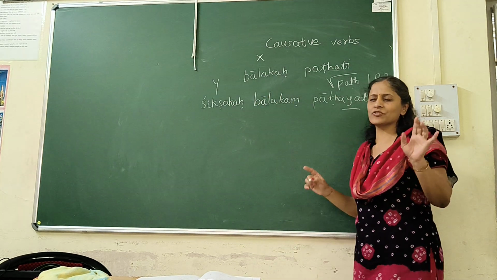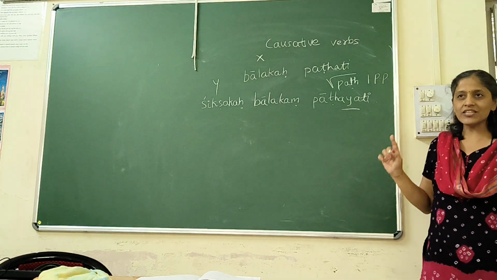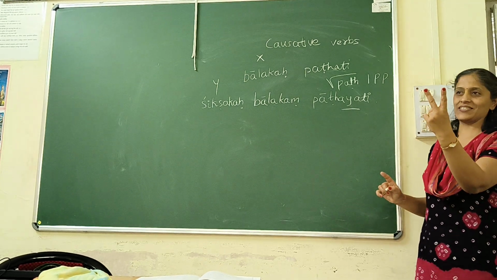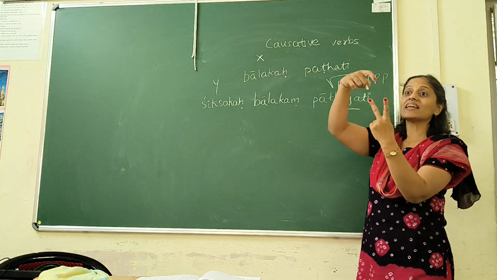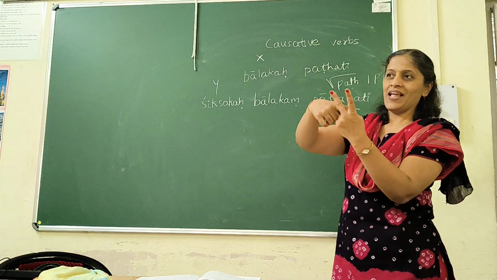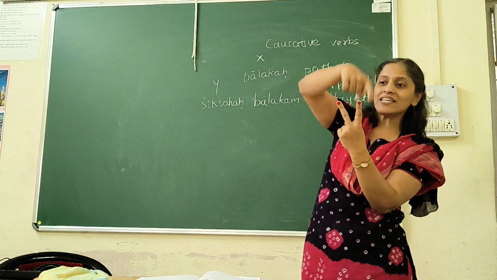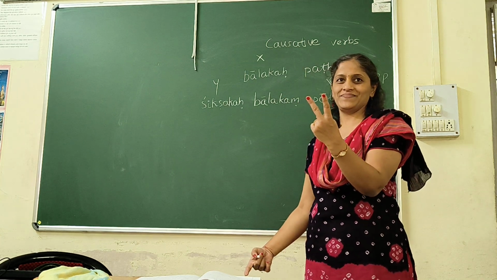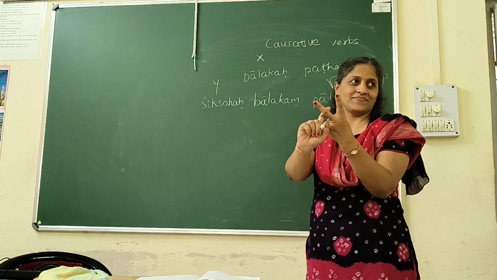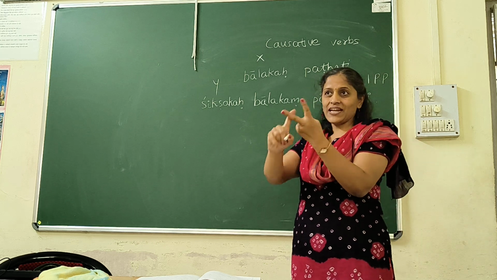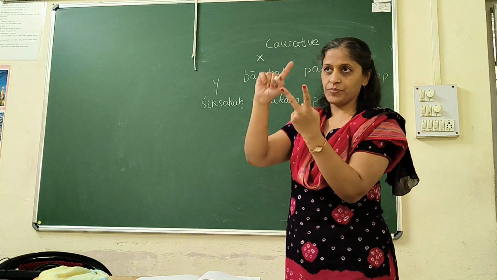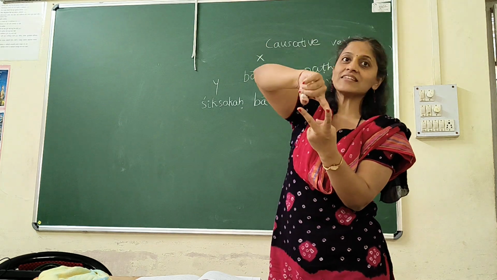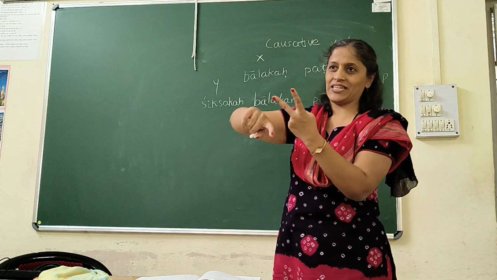In causative sentences, don't write till I finish. In causative sentences, you will always get two agents: the one who is directly doing the action and the other one causing that one to do the action. That person is not doing the action on their own. The other person is making this person do that action.